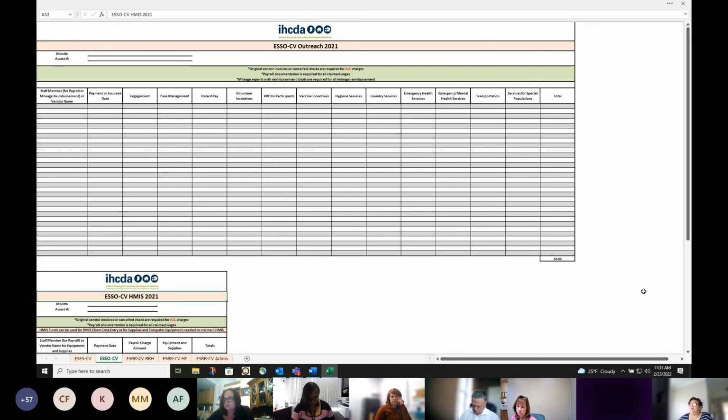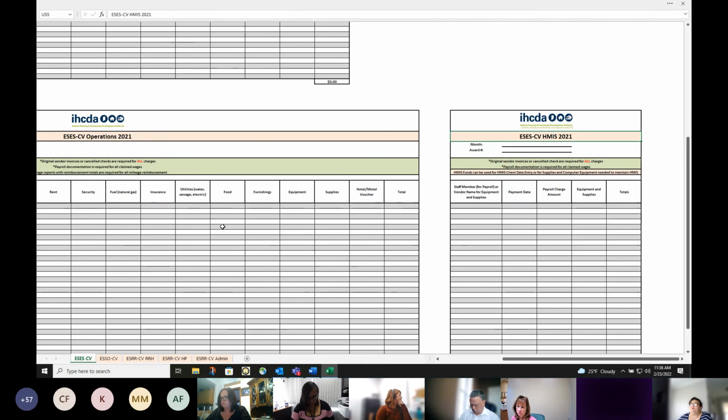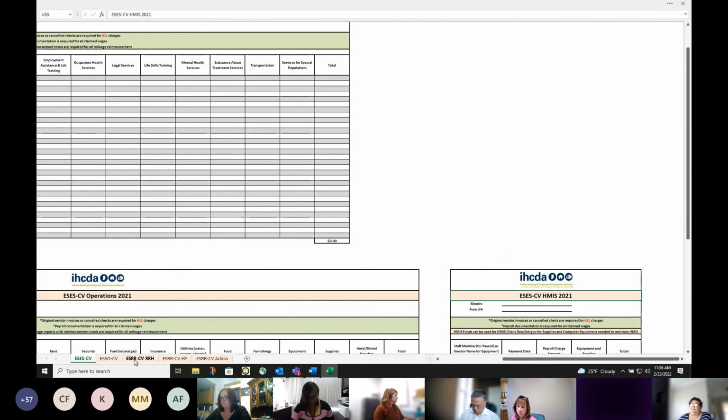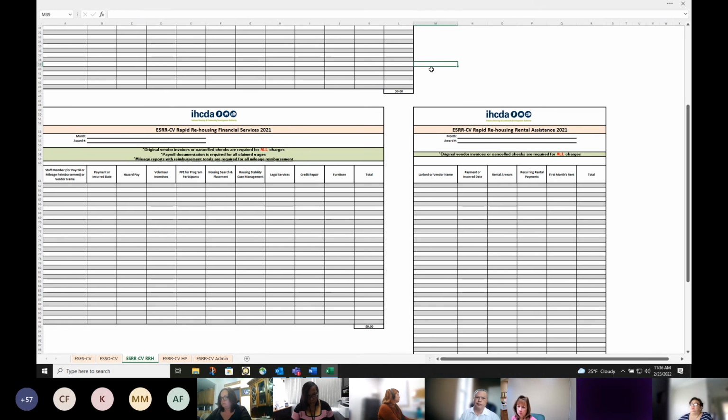You may have to minimize the screen a little bit so you can see all three, or maximize the screen so you can just type in what you want to type in. But all you do is fill it out for the award that you're claiming, and attach this document to the claim. You do not have to print it. You can just simply attach it. It makes it so simple.